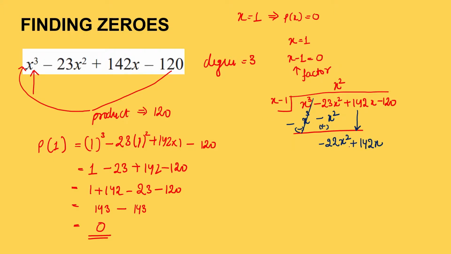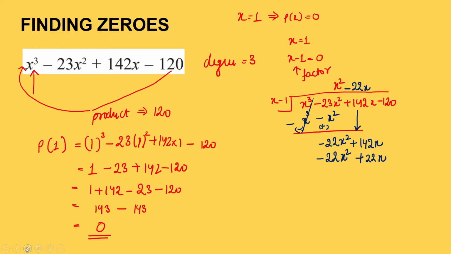Now compare this dividend with your divisor. Here is single x, here is 142x, negative 22 extra. So apply negative 22x in the quotient. If you multiply it, you will get exact 22x square. Negative, negative, positive. 22 into 1 is 22x.